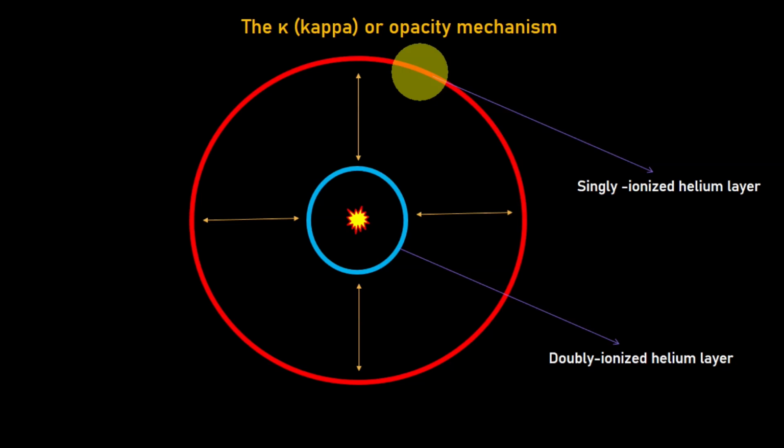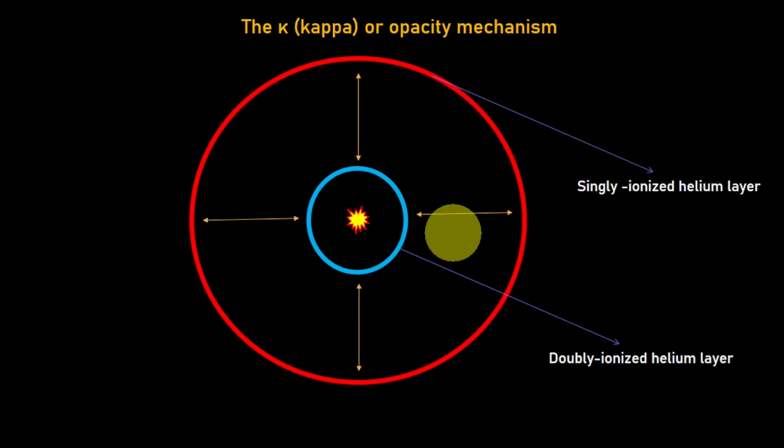So the radiation pressure becomes less and less. When it gets to this layer, most of the helium becomes singly ionized. At that point, the pressure has reduced, so gravity gains the upper hand and the layer falls back, and the process repeats. That's the Kappa mechanism.